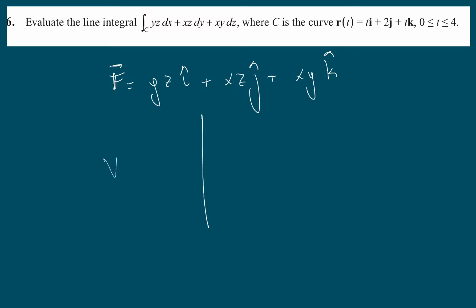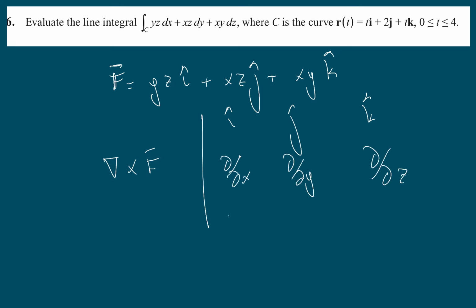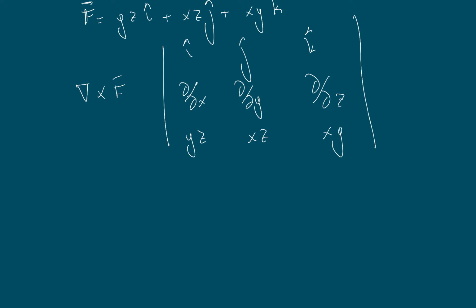So we take the curl of f. The curl of f is the determinant with i, j, k, the partial derivative with respect to x, the partial derivative with respect to y, the partial derivative with respect to z, then yz, xz, xy. Let's see if this is conservative.